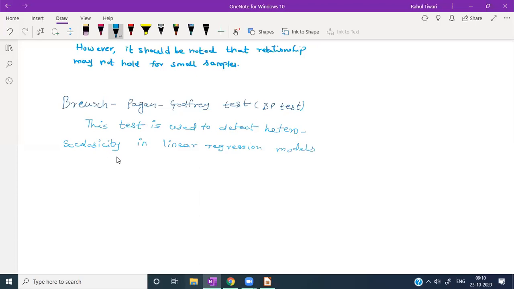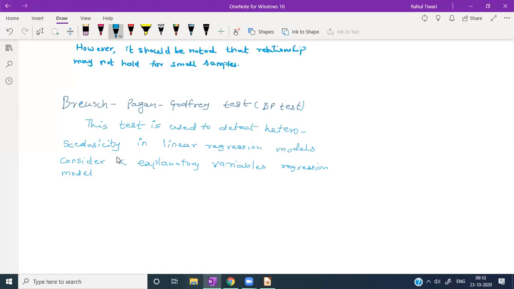Now let's consider a K explanatory variables regression model. I think everybody knows what a K explanatory regression model is.